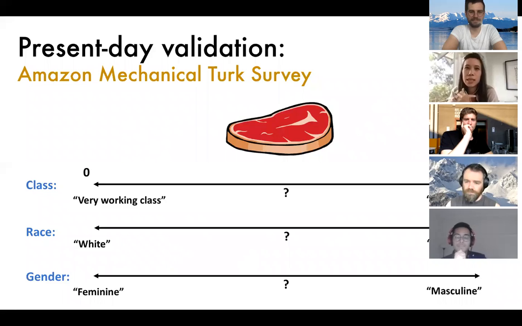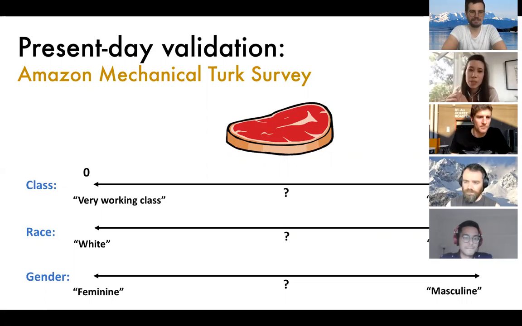The first thing is they try and get a present day validation by undertaking a survey of almost 400 respondents on Amazon Mechanical Turk. And what they do is they try to validate three key dimensions: class, race, and gender, by essentially asking these respondents on Mechanical Turk, on a scale from 0 to 100, with 0 representing, say, very working class and 100 representing very upper class, how would you rate a steak?